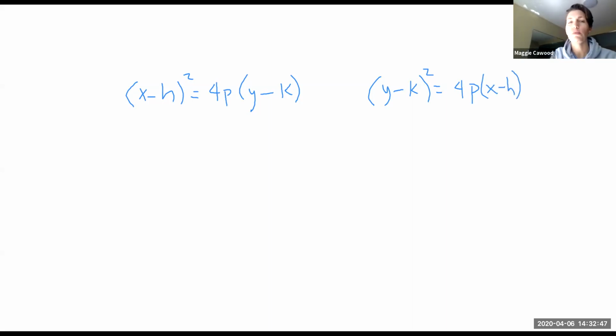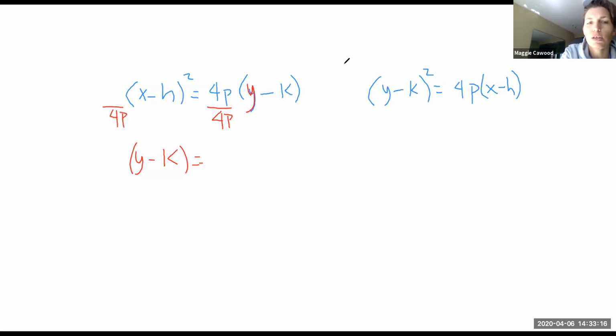Okay, now sometimes you're going to see these equations written in a different way. Instead of this, you're going to see solve for y, like get y all by itself, right? So if I want to solve for y, and really in this case, I'm going to solve for y minus k, if I get that all on the same side, y minus k, that quantity is going to be equal to, I would divide both sides by 4p, right? Divide by 4p.